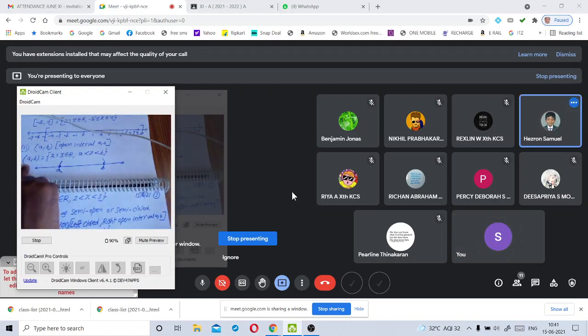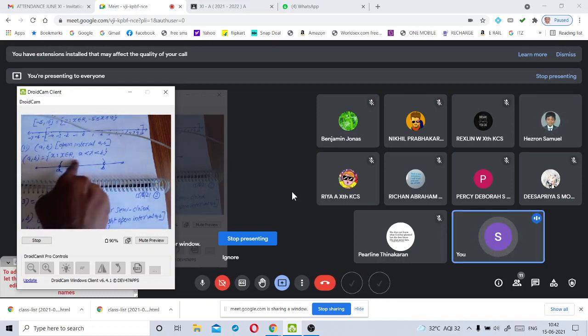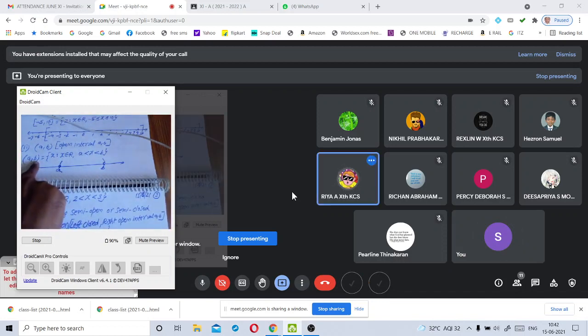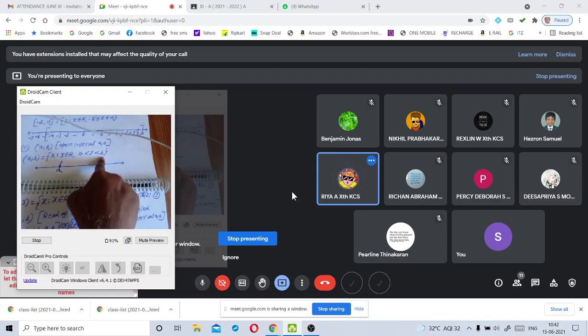Open interval a comma b, set of all x such that x belongs to R, a less than x less than b. Very good. My dear Ria, read this line. Open interval a comma b is equal to set of all x such that x belongs to R, a less than x less than b.